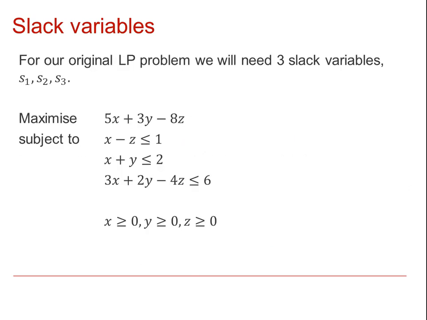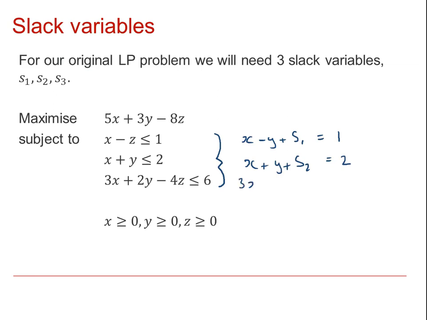Returning to the original problem, we've got 3 constraints here, which are non-trivial constraints, and we can turn those into equalities by saying the following. x minus y plus a slack variable, let's call it S1, must be equal to 1. x plus y plus S2 must be equal to 2.